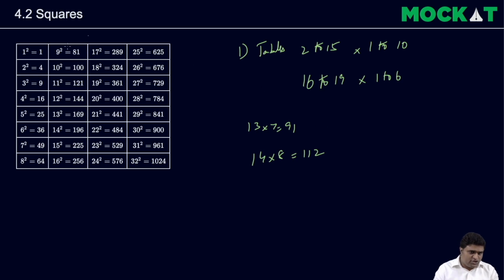Now, likewise, the squares, all right? Up to 32 square, if you can memorize, it will be useful because these have turned up quite often. 33 square, if you want, you can add in over there, 1089, right? These you should know at the back of your head. So if it's 21 square, it should be 441, or 29 square is 841. Now you've got to be really quick at answering these. The best way to memorize this is looking at these in the morning and evening, so a gap of about 12 hours, look at it for about 5 minutes each time.